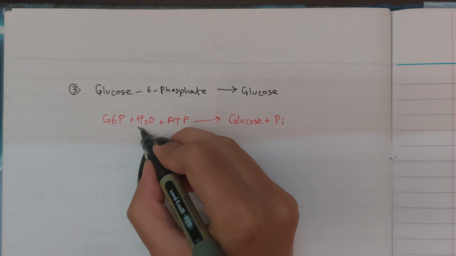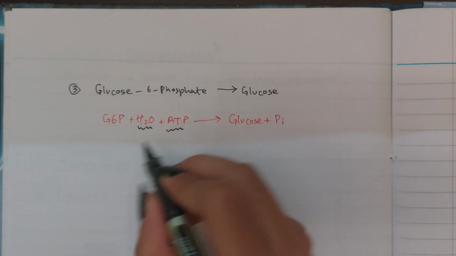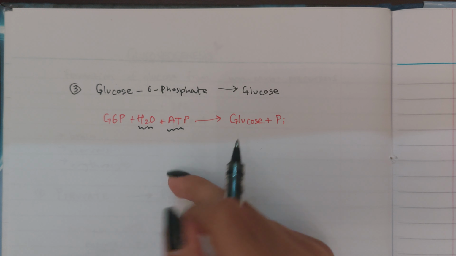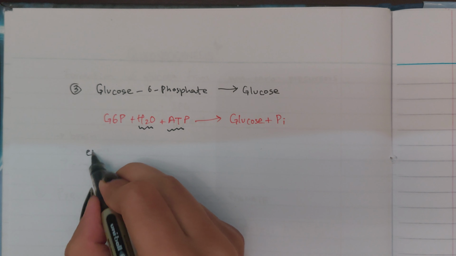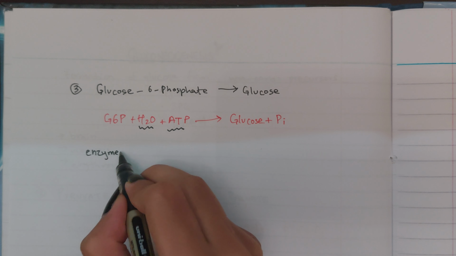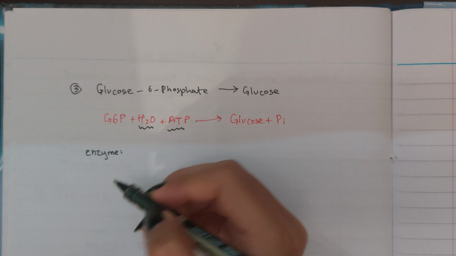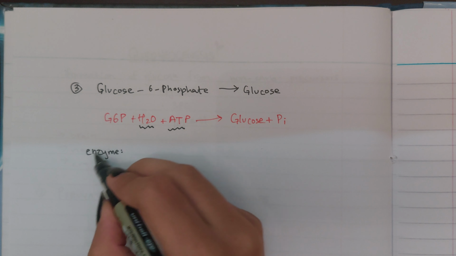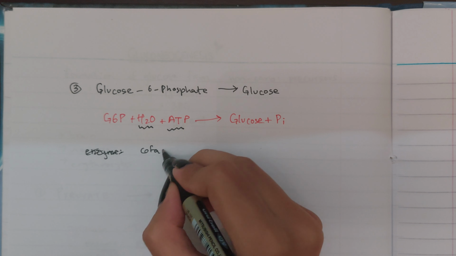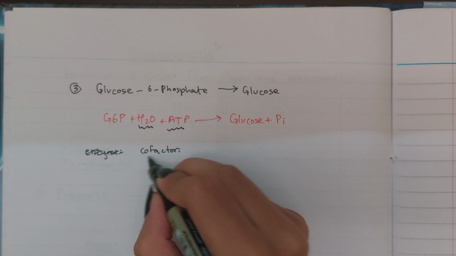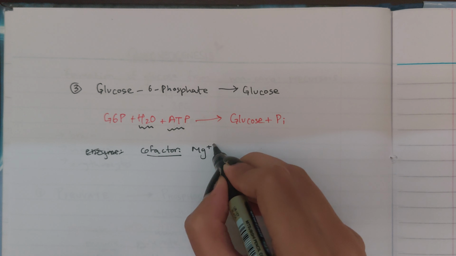So here we will keep in mind that one molecule of H2O and a molecule of ATP was used, and the enzyme involved in this reaction is glucose 6 phosphatase, and the cofactor involved is magnesium.